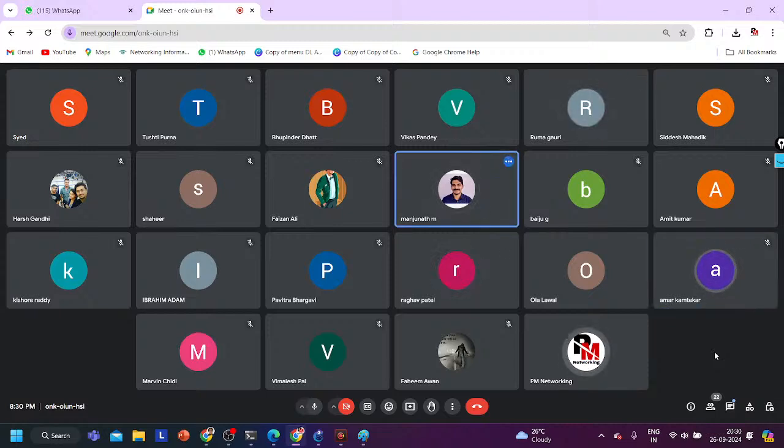So the lowest IPv4 address can be 0.0.0.0, meaning all 32 bits are 0. And the largest IPv4 address can be 255.255.255.255, meaning all bits are 1 in all the fields. Right?